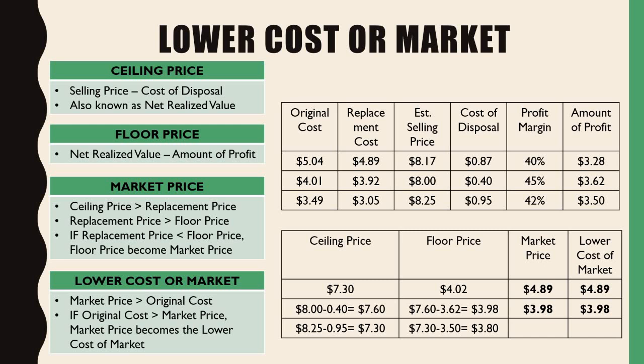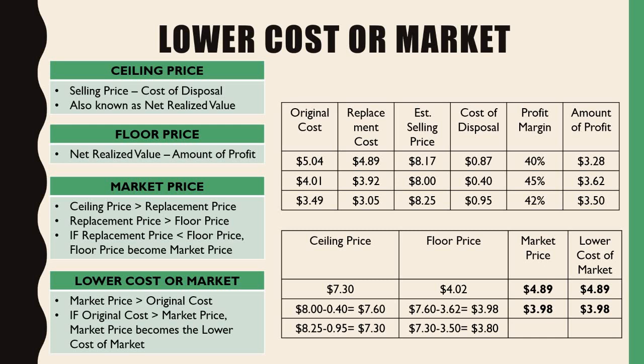We have our ceiling price of $7.30, our floor price of $3.80, and our replacement cost is $3.05. Okay? So in this case, which value is going to be in the middle? What is my market price?